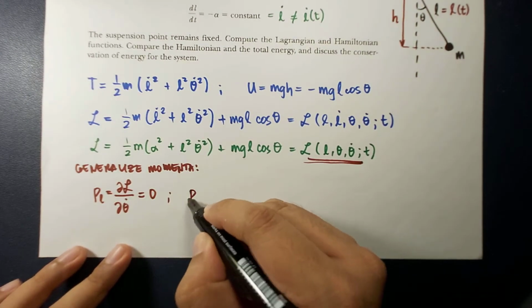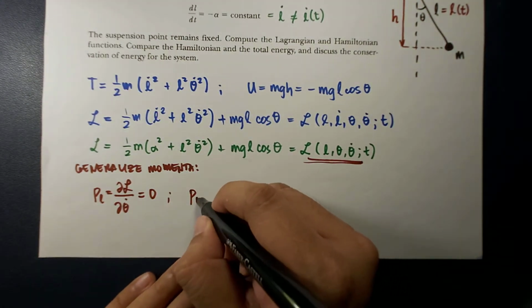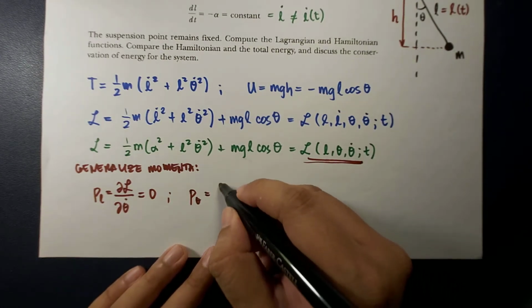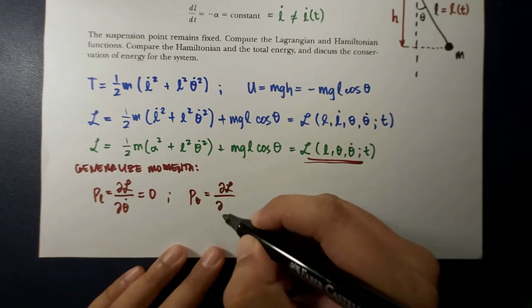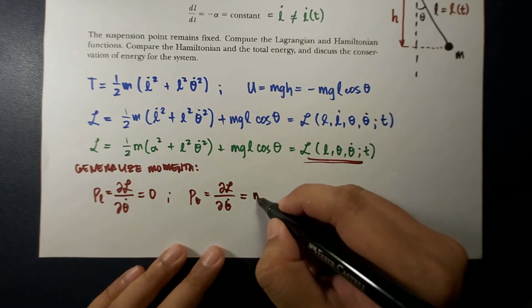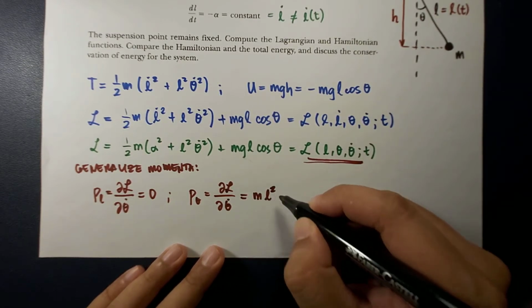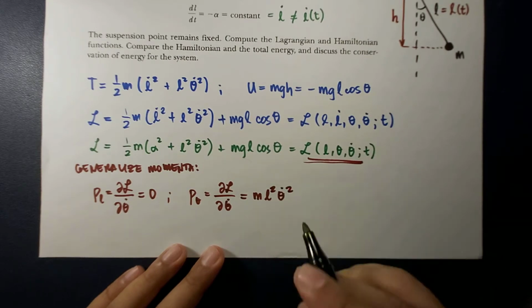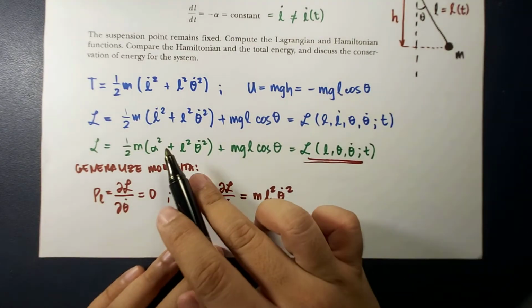Whereas P theta is the derivative of the Lagrangian with respect to theta dot, which is equal to m L squared theta dot.